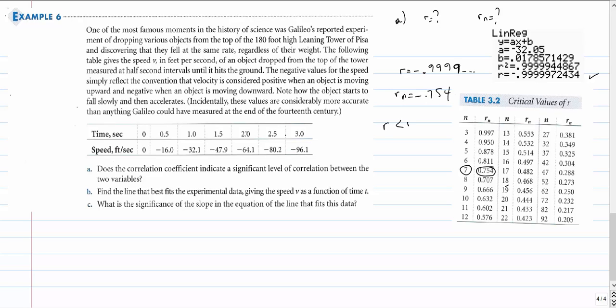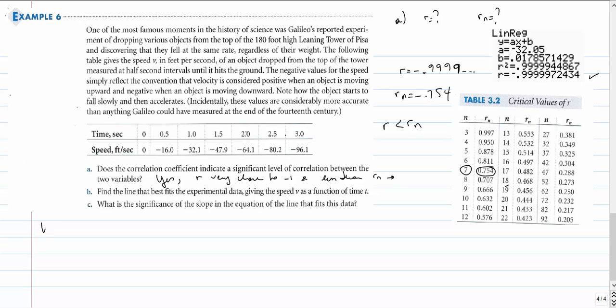So if R is less than Rn, then there is a significant level of correlation. All right, to answer A, yes. And because R is very close to -1 and less than Rn, there's a significant level of correlation.